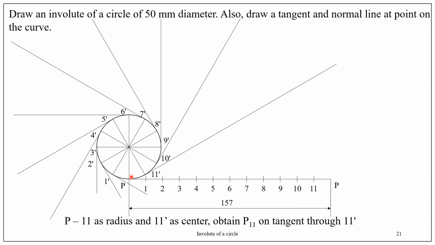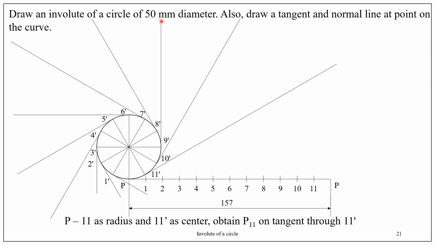So a string wound on a circle, unwound through 360 degrees, will be of a length equal to the circumference of the circle. That's why we already calculated the length of the line as the circumference, which is equal to pi d.